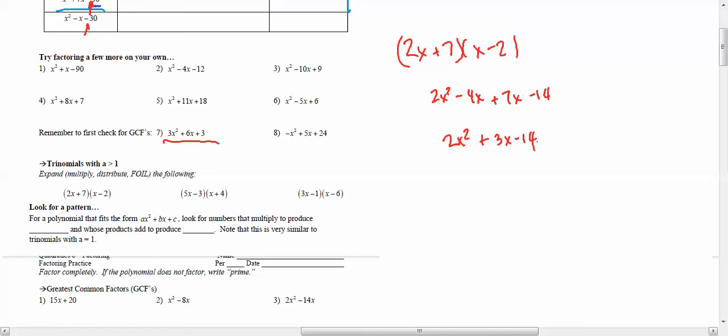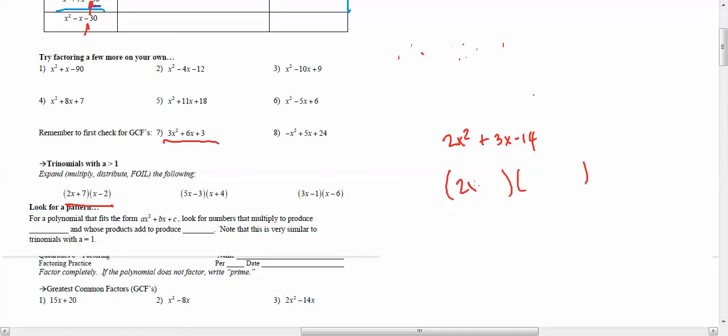Now, if I were to give you the opposite problem, if I were to say, okay, let's reverse that. I give you this trinomial and I say, factor that. Like I said, it's a little harder. I mean, we already know the answer. It's right there, because that's how I got that trinomial. But if I were to factor this, I would have to do this. 2x and an x.